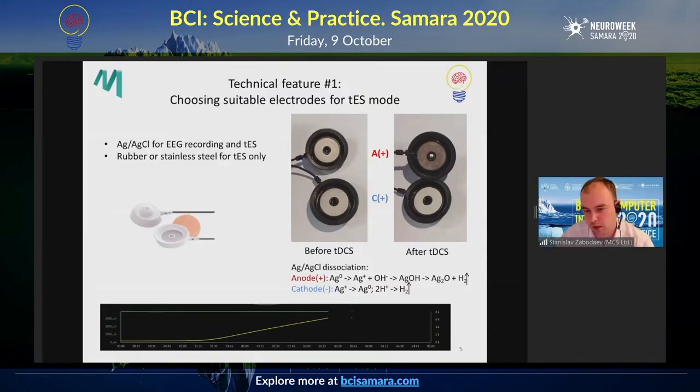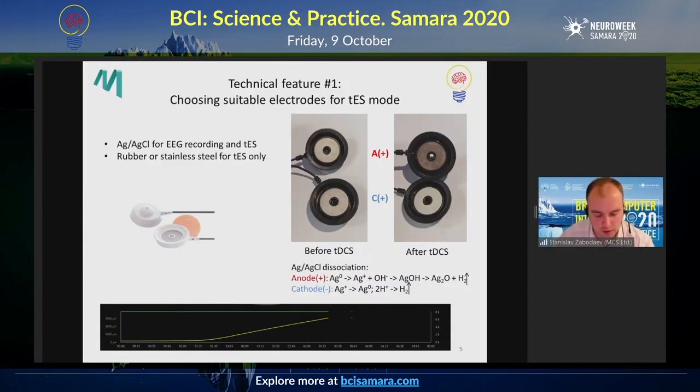When we register EEG, there are very insignificant currents of nanoamperes, but it oxidizes slower. But here we oxidize it on purpose. What can we do in that situation?